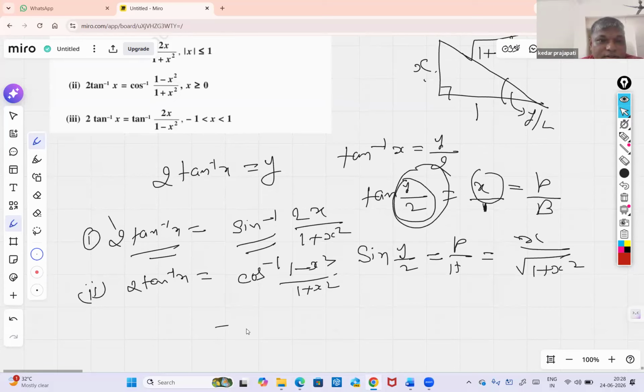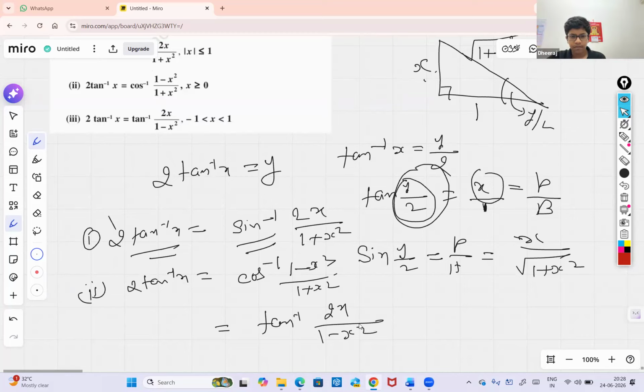And this is also tan inverse 2x by 1 minus x square. Okay, no need to mug up, understand it, else I will find an easier way for you to remember it. Did you take it?